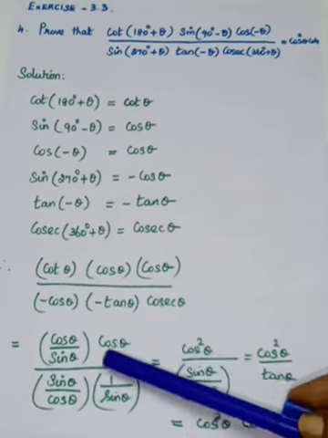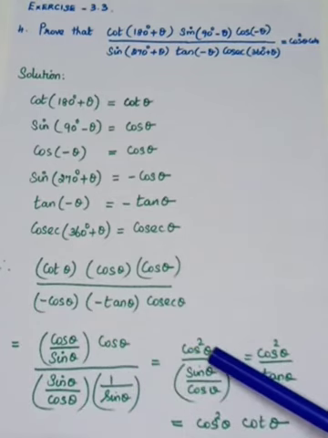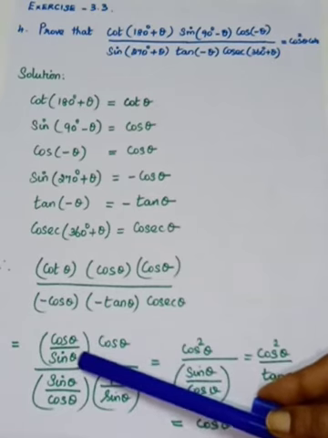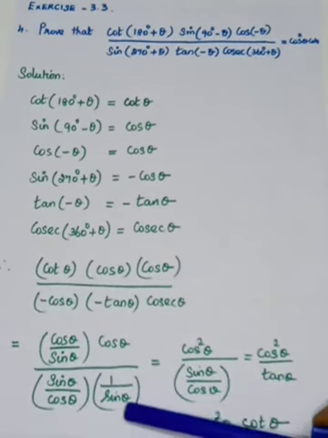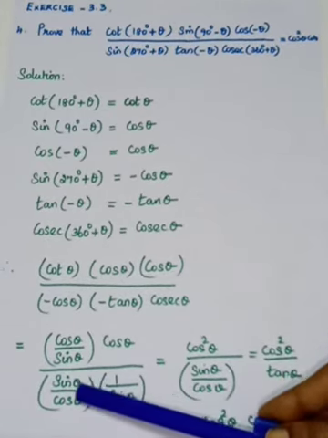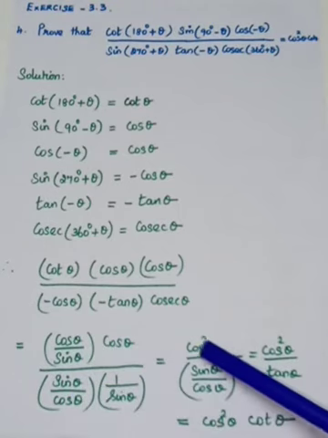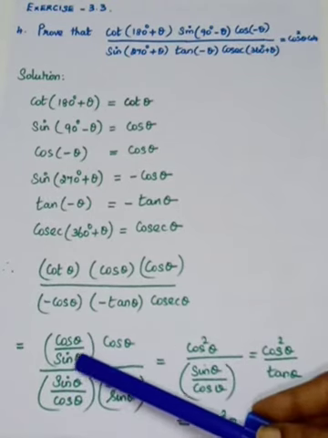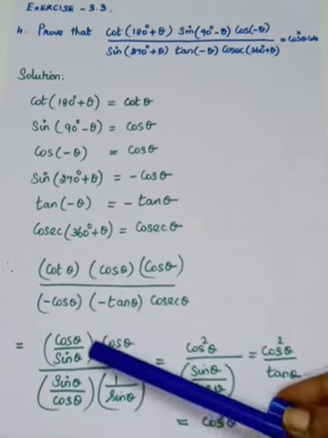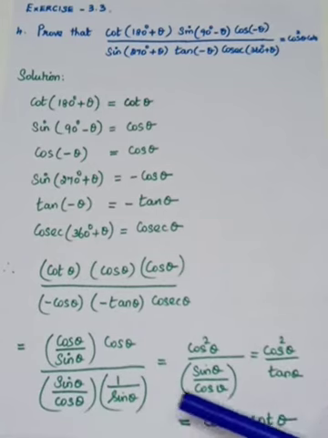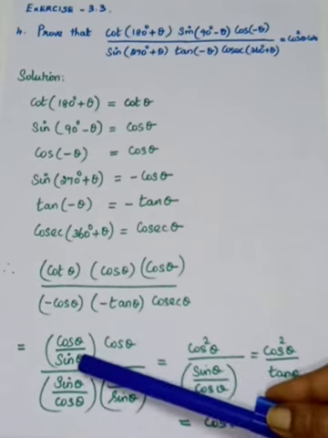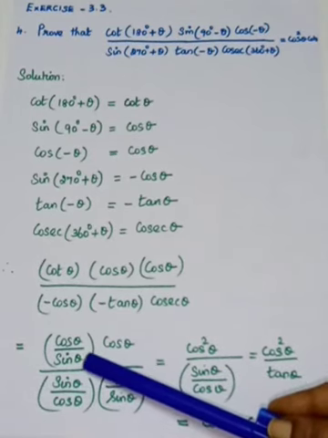Now cos theta into cos theta is cos square theta, and in the numerator the denominator is sin theta. In the denominator also the denominator is sin theta, so this sin theta gets cancelled. Cos theta into cos theta is cos square theta. In the denominator, this cos theta is the denominator of the denominator, so it will come as sin theta by cos theta.